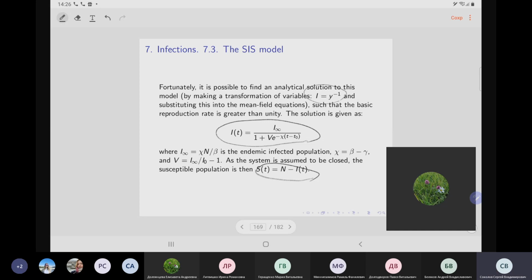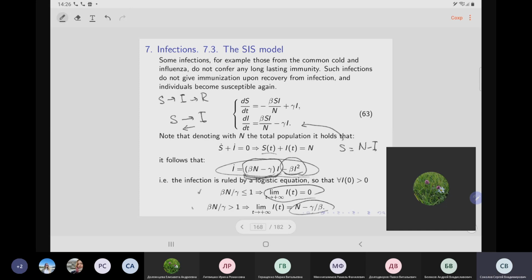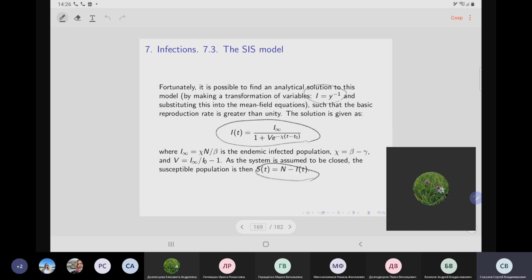One can prove that for these two different situations, the limit of I of t is 0 or N minus gamma divided by beta. You can prove it by yourself. It's not that complicated. So there is the exact solution.